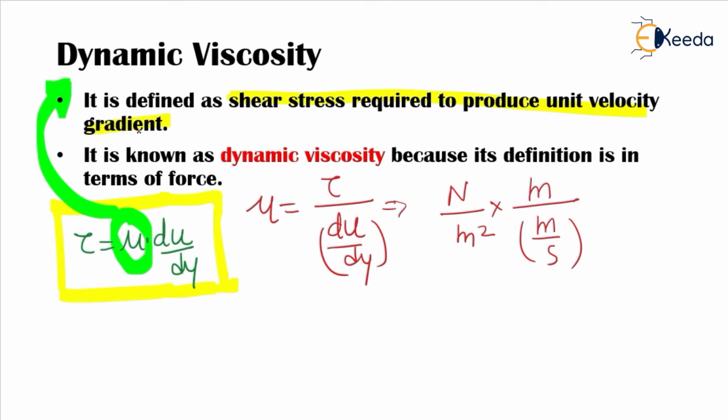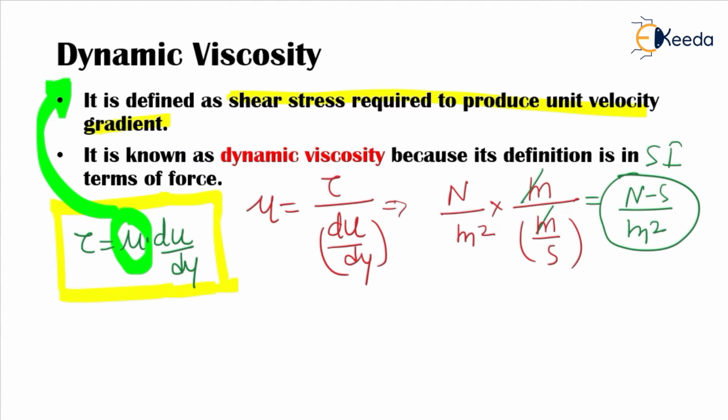So in that case, meter and meter will get cancelled out, and second will go up. So the unit in SI will be Newton second per meter square. This is the SI unit, right?